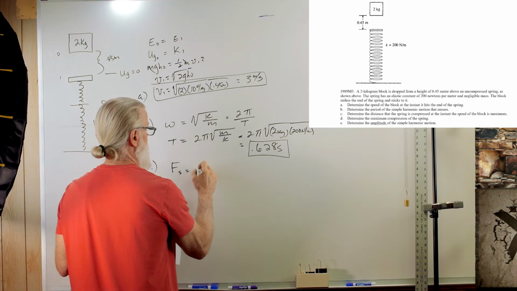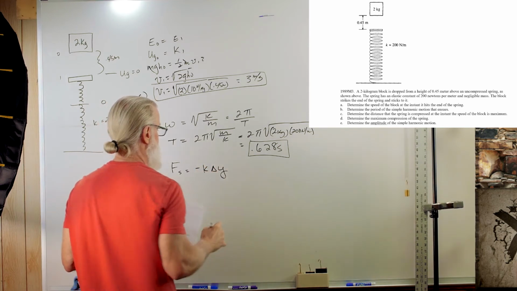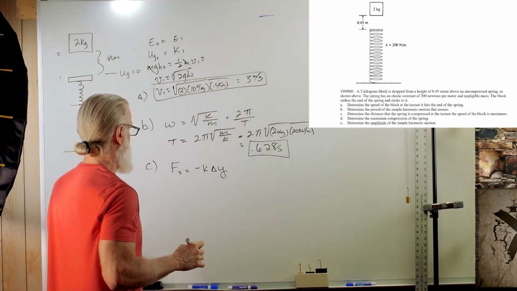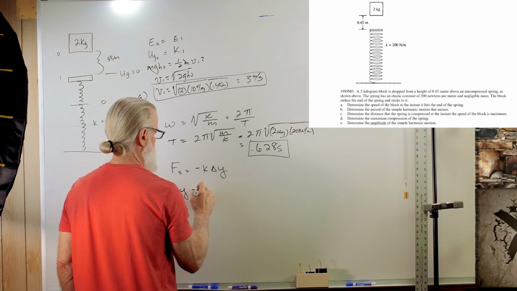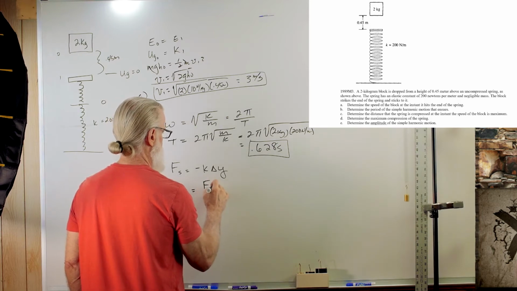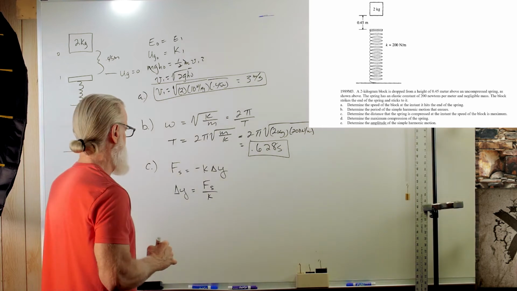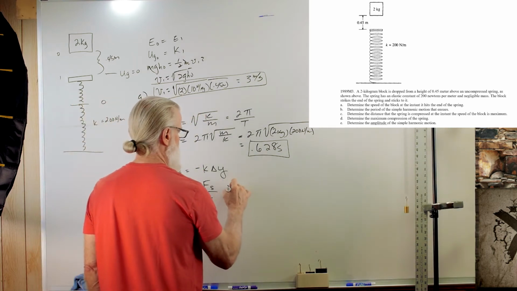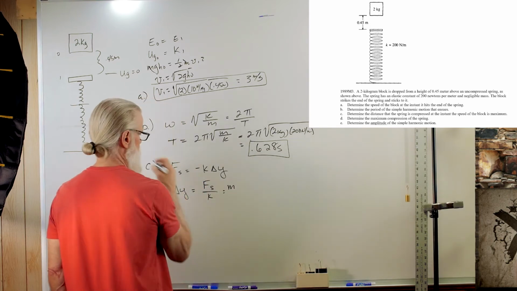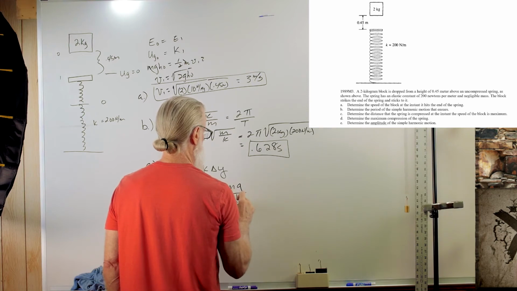Force of the spring is minus k delta y. Right? We want to know delta y. That's the compression. So delta y equals the force of the spring divided by k. And that is going to be, the force of the spring at the equilibrium position is going to be the weight, mg over k.